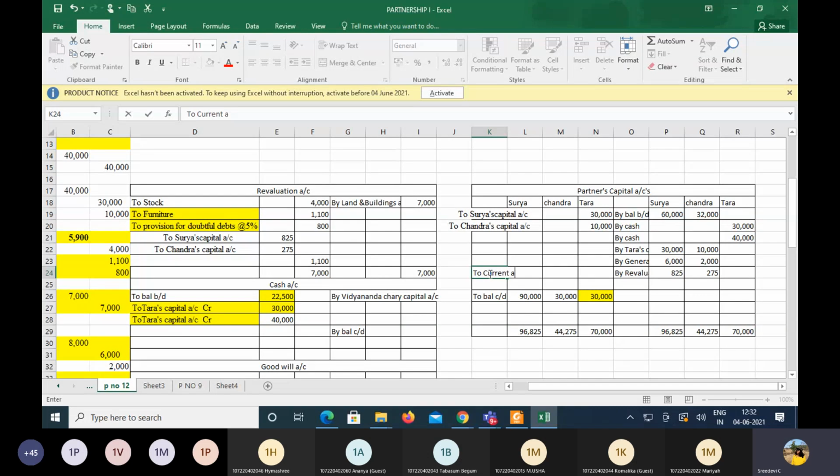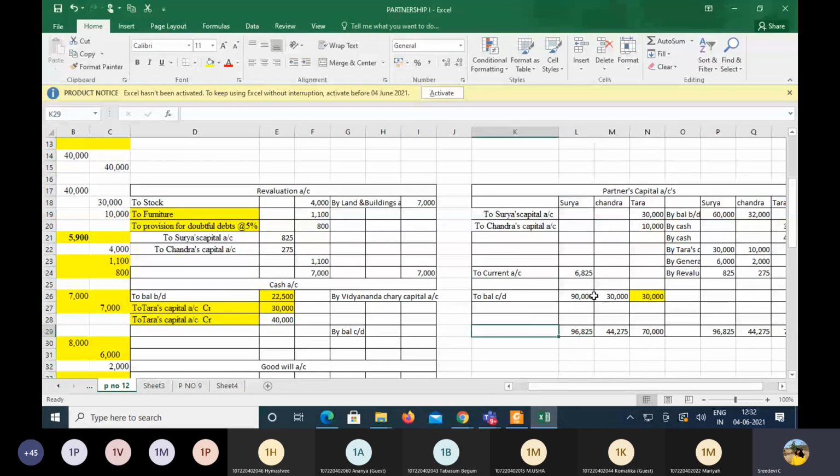That means it will be maintained in the name of his current account. Is it tallied now? Similarly here, he is supposed to maintain only 30,000, but he has an excess balance in the capital account of 14,275. This excess balance is to be maintained in the name of a current account, and this amount should not be retained in the capital account. The balance could be either a debit balance or a credit balance.